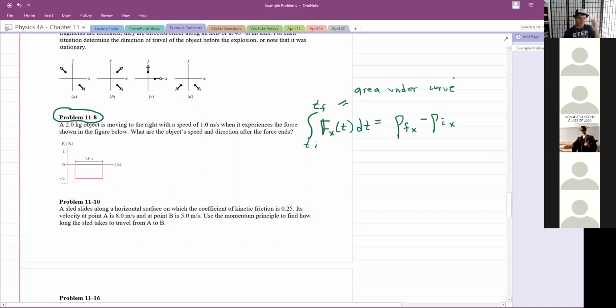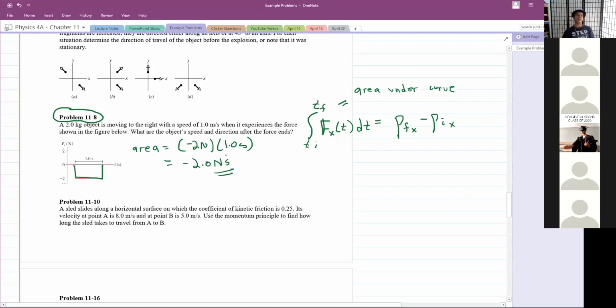In this case, my impulse is the area under the curve. I have a rectangle where the force is -2 newtons and the time is 1 second. So my area is -2 newtons times 1 second, which is -2 newton-seconds.